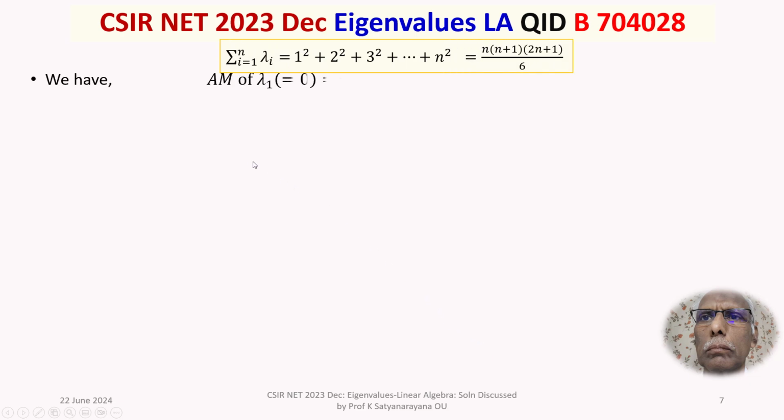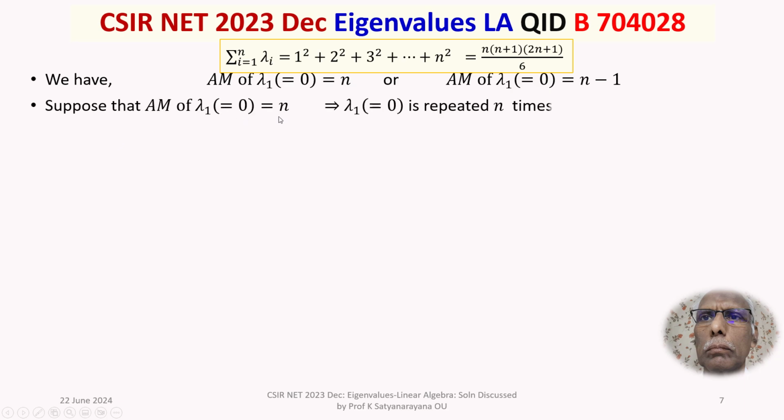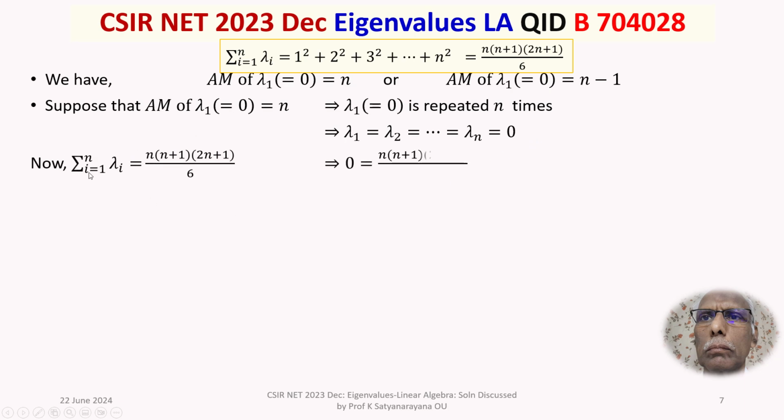Yes. So, suppose that the AM of lambda 1 is equal to 0 is n. That means lambda 1 is equal to 0 is repeated n times. That means lambda 1 is equal to lambda 2 is equal to etc. lambda n is equal to 0. Then the sum over i is equal to 1 to n of lambda i is n into n plus 1 into 2n plus 1 by 6.